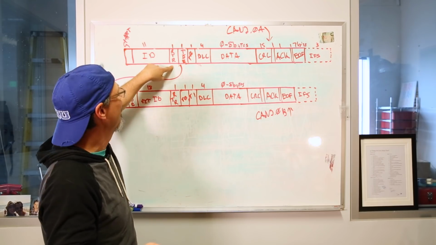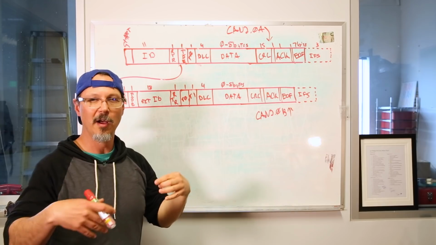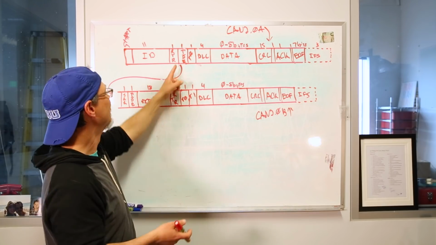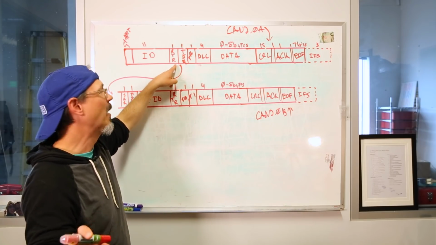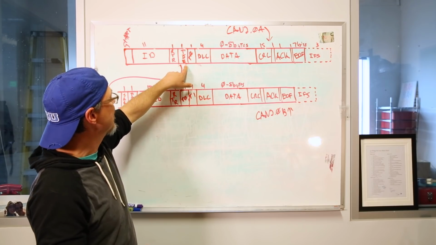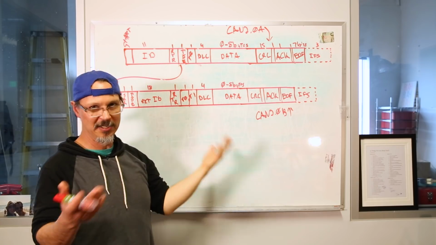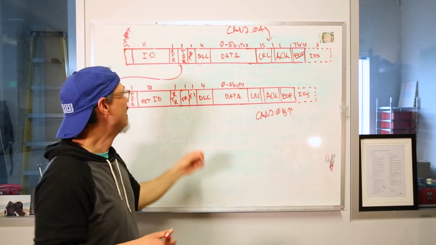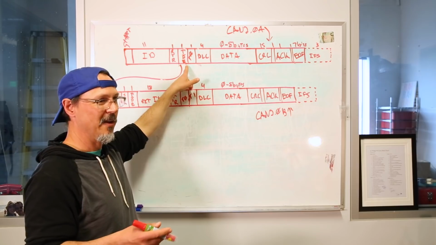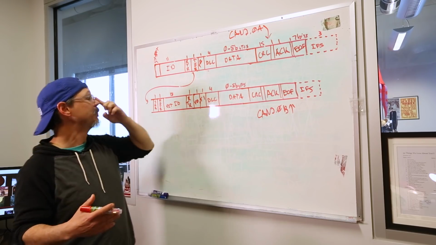If it's going to be a frame that's asking for data, that bit is going to be flipped, and we'll talk about how that all changes in a sec. Then there's the IDE bit, which is identifier extension. This bit gets set if it's 2.0B, a 29-bit ID, okay?